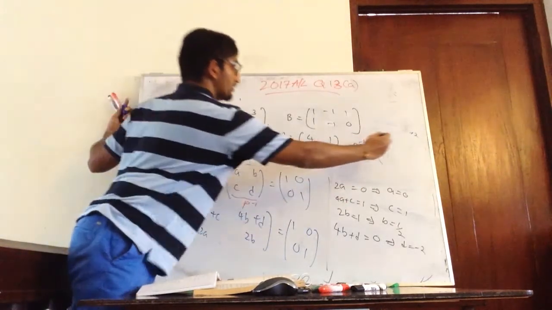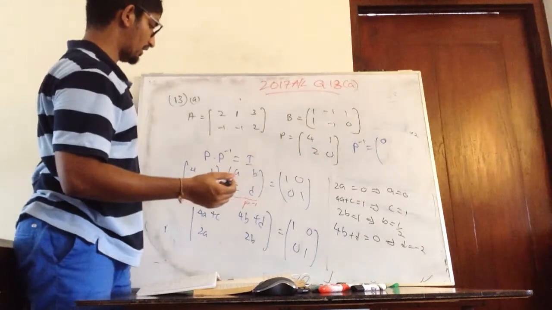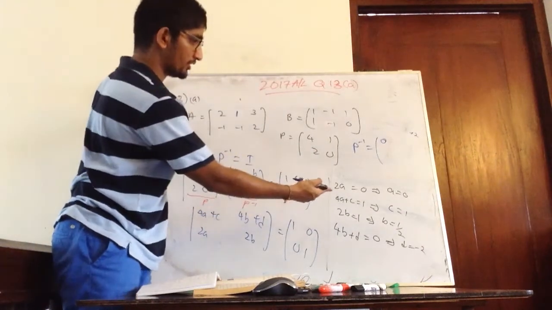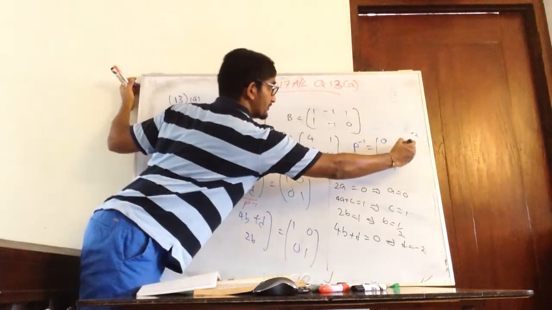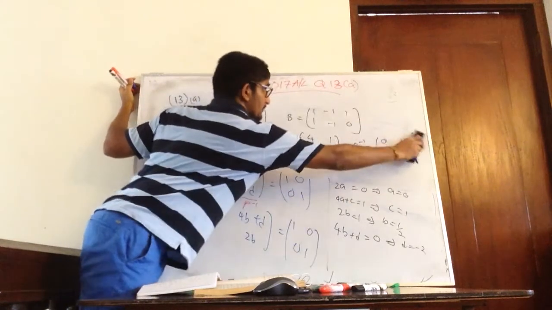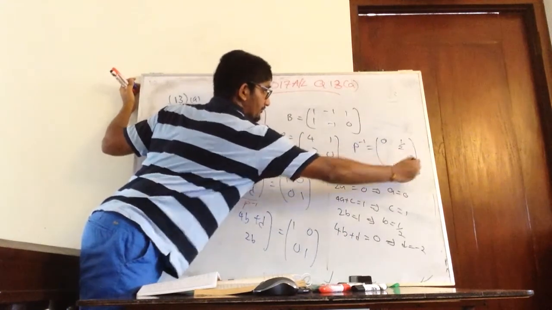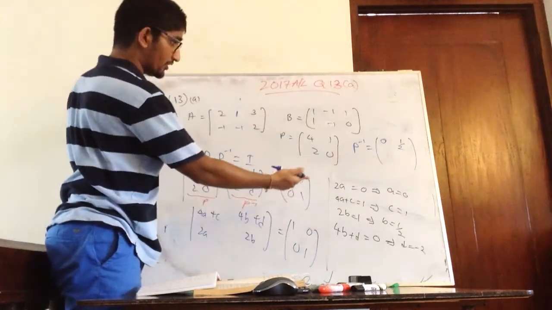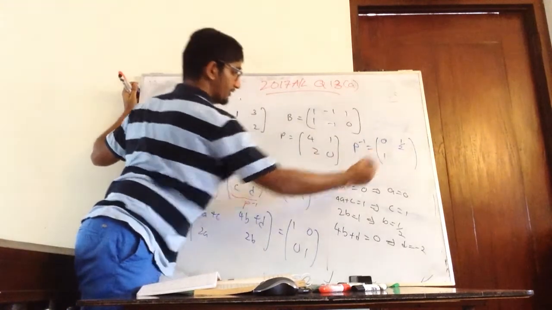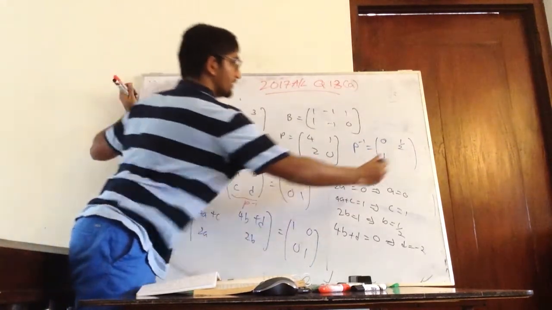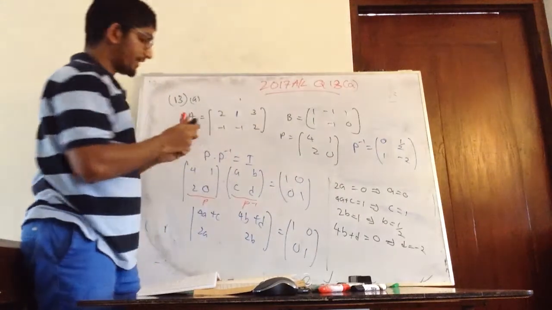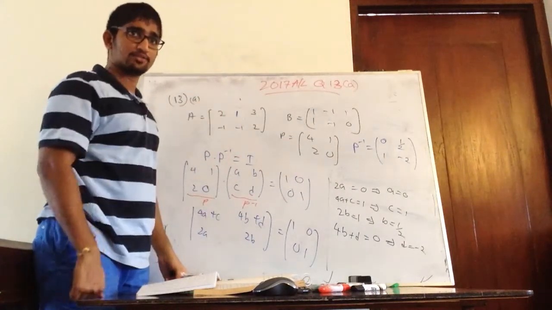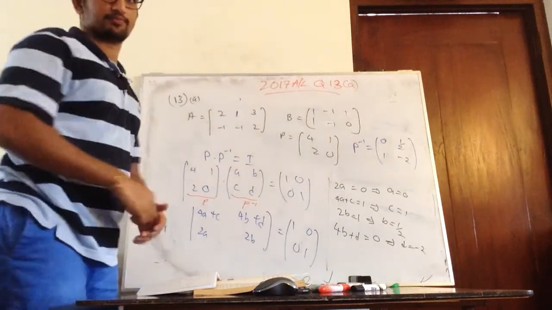A is going to be 0. B is going to be half. Then C is going to be 1. D is going to be minus 2. Right? So we are asked to find P inverse. So that is done. Right?